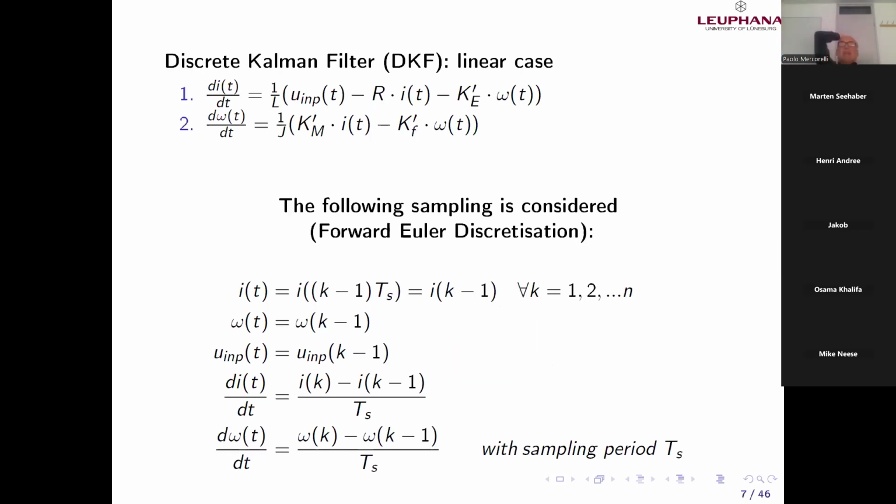About the discretization, I don't need now to tell you more. Why that? Because as I told you also today, we are considering now the Forward-Euler standard because our focus is not the discretization, but the Kalman filter.